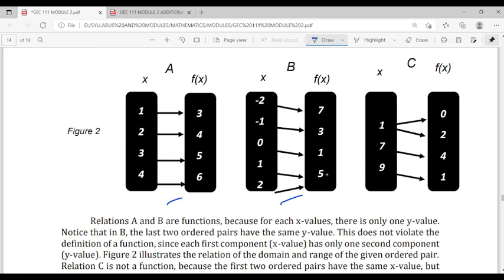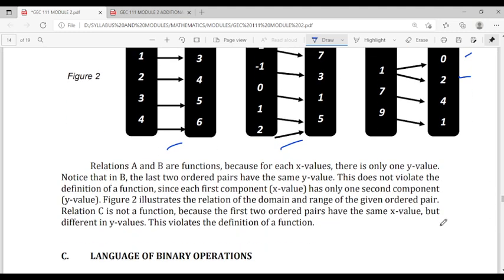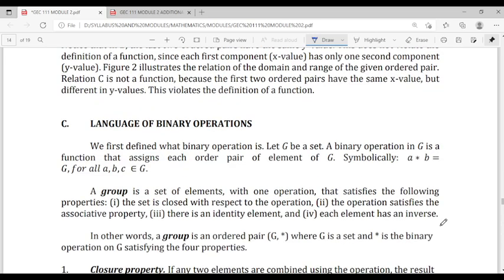They're exactly one y value. But this does not violate the definition of our function. Kapag ang ating x is na-pair sa dalawang y, dalawang range, this violates our definition of a function. So letter C is not a function.